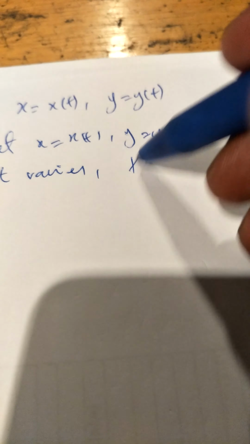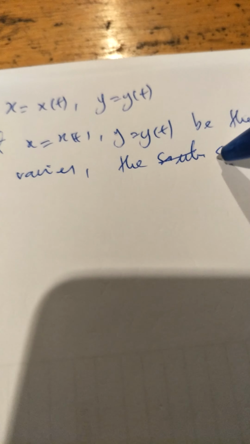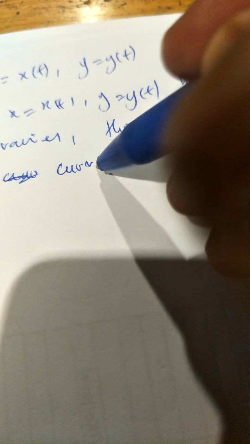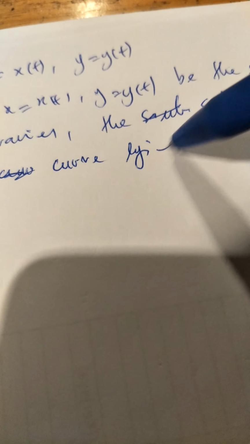Then as t varies, the solution (x(t), y(t)) describes a curve lying in D. This curve we call a trajectory.